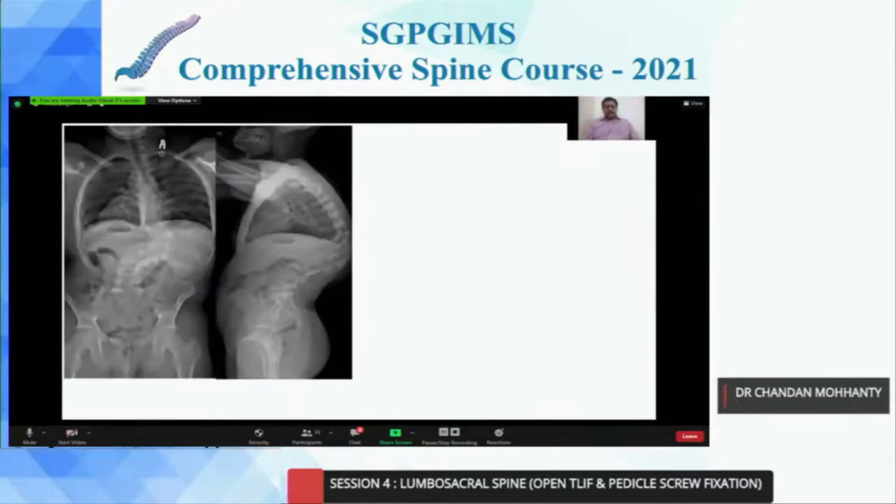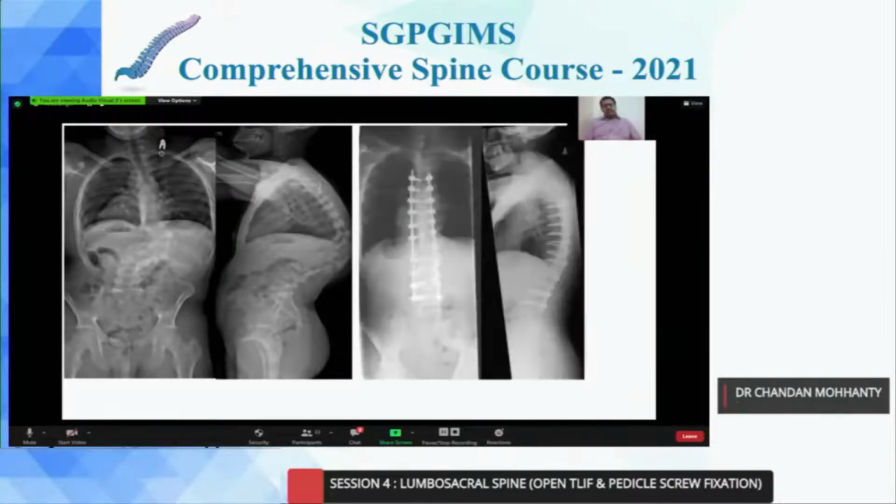This is another patient, very complex kyphoscoliotic deformity, secondary to segmentation anomaly. 14-year-old boy. We had to do not one but two levels of completely posterior vertebral column resections, osteotomies, and then place in our screws to achieve this kind of reduction from T4 to L4.